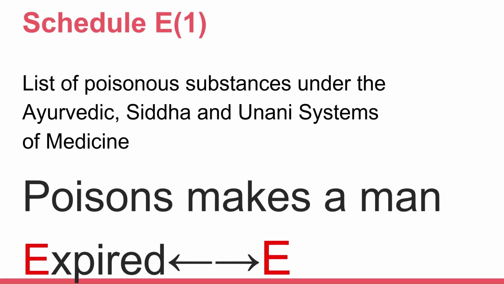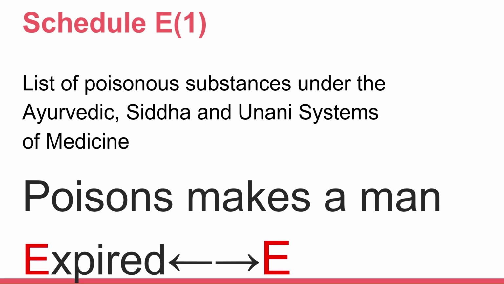Poisonous substances under the Ayurvedic, Siddha and Unani systems of medicine are enlisted in Schedule E1.